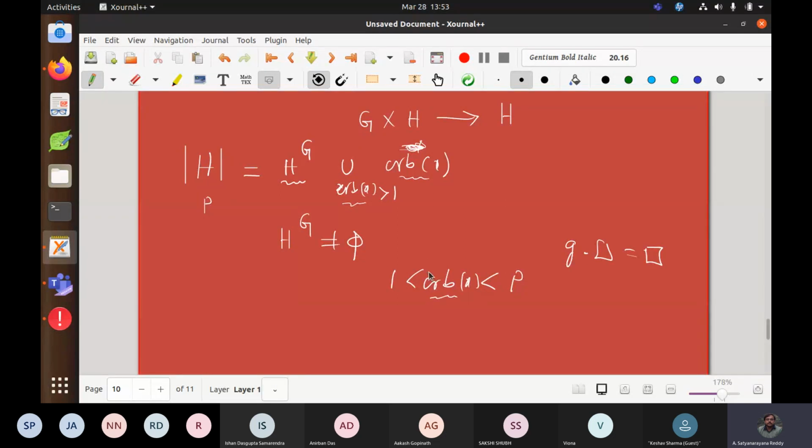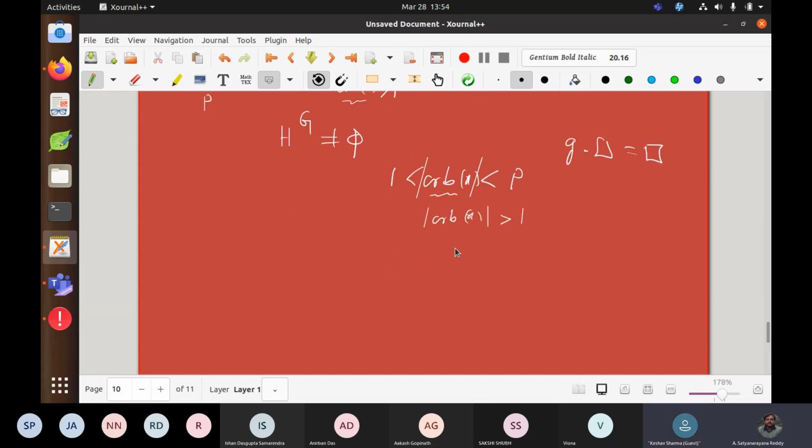Then what can we say about the cardinality of the orbit of X? It is a natural number greater than 1, so it has a prime divisor. But that prime lies between 1 and P. So what is the problem?